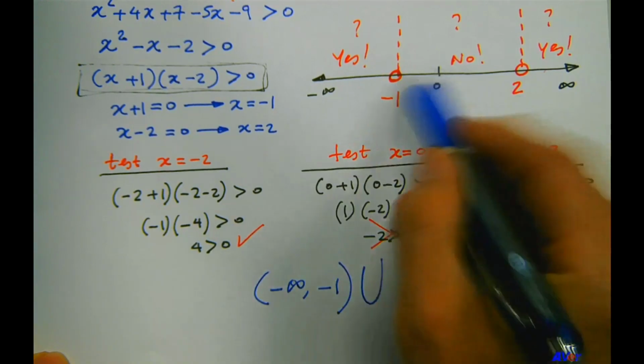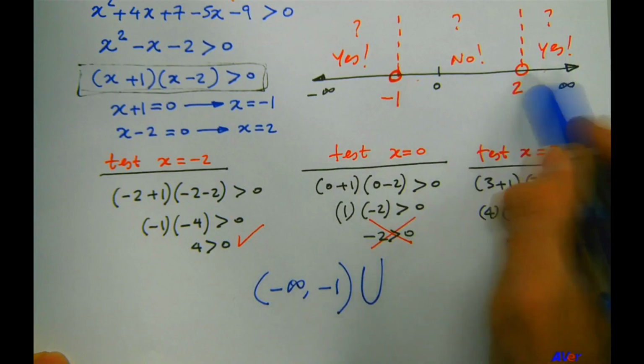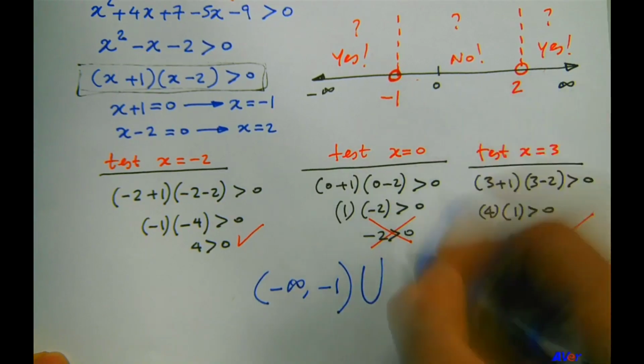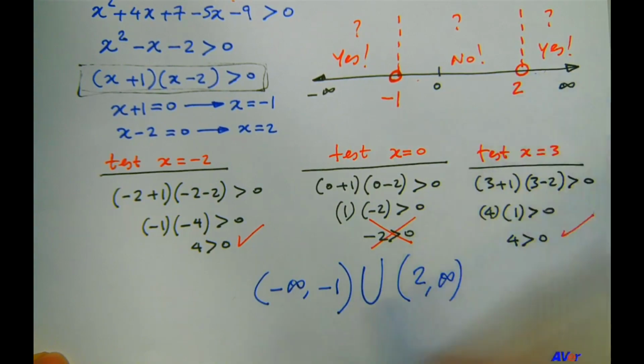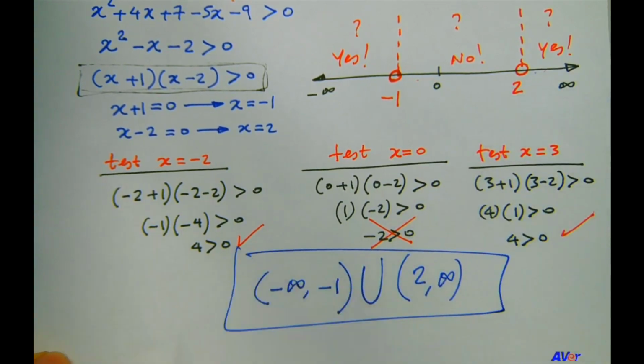Union, that region is not a solution. This region is. Parenthesis 2, comma, infinity, all of that region. So that's the solution of that polynomial inequality. All right.